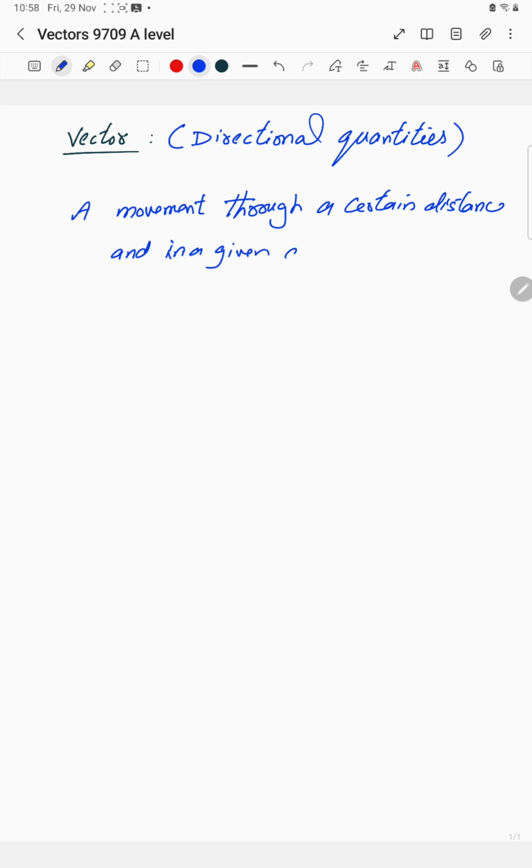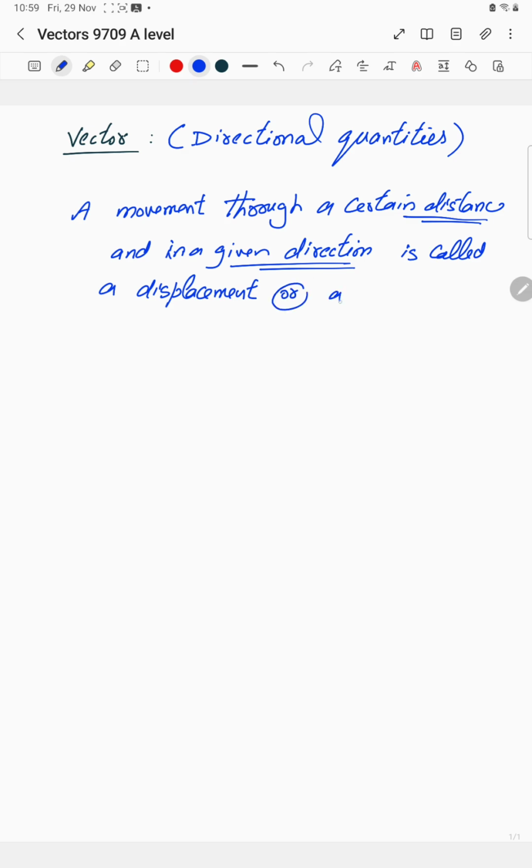Movement through a certain distance in a given direction is called, you guys know well, a displacement. And in math we can say this as a translation.